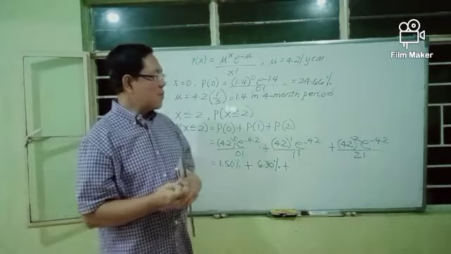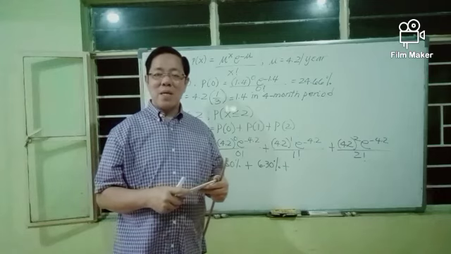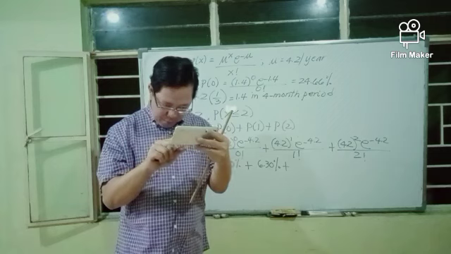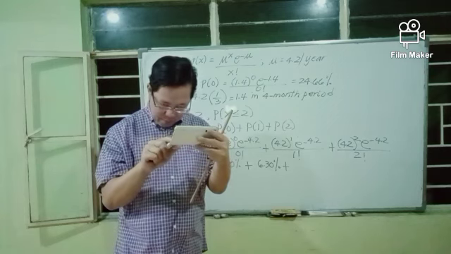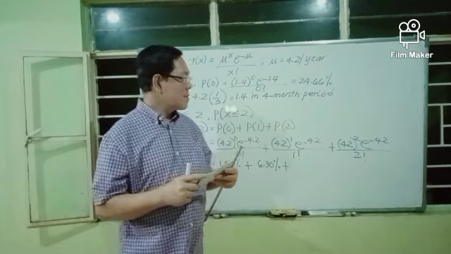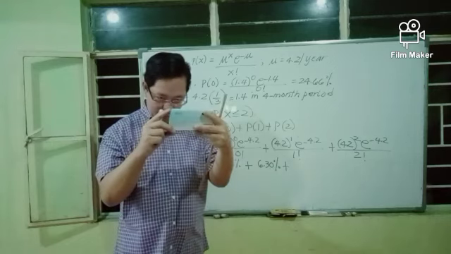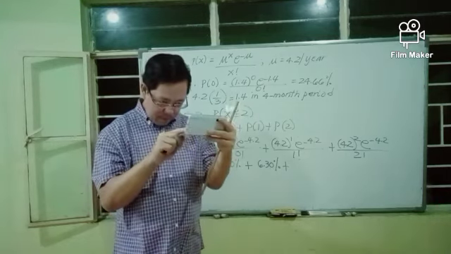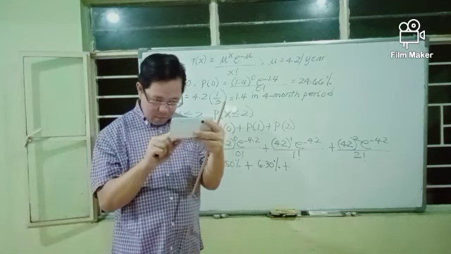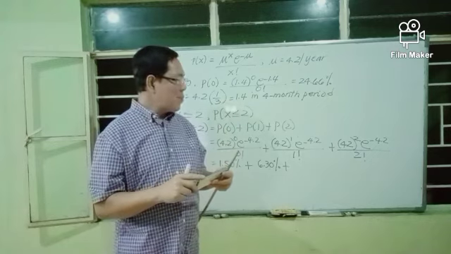Plus the last term, we have 4.2 squared multiplied by e to the negative 4.2, and divide by 2 factorial.